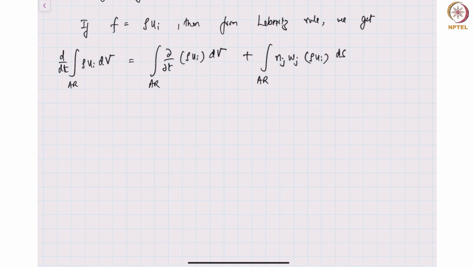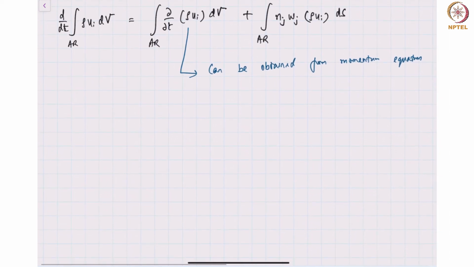Now this term here can be obtained from the momentum equation. What is our momentum equation?